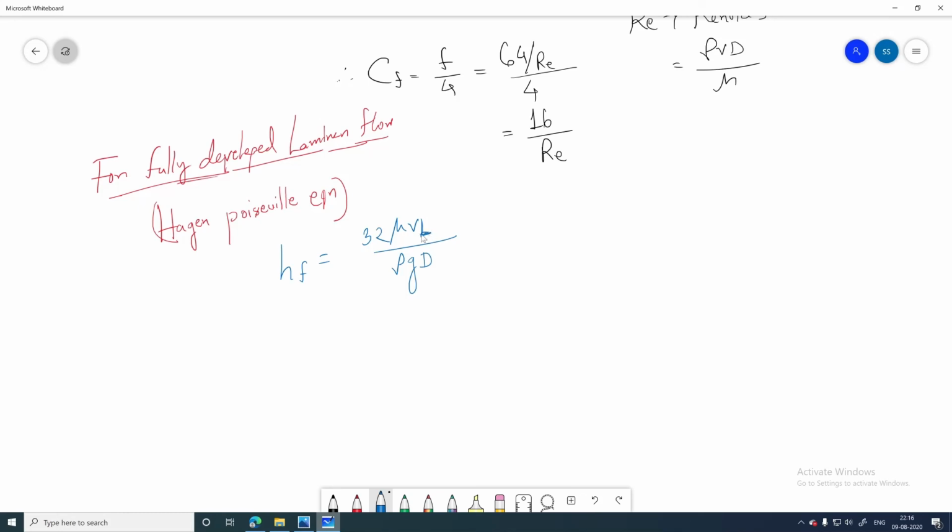Okay, so for the fully developed laminar flow, we generally consider this particular equation given by Hagen-Poiseuille, and this is termed as the Hagen-Poiseuille equation.